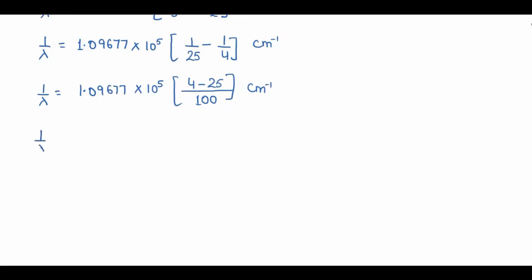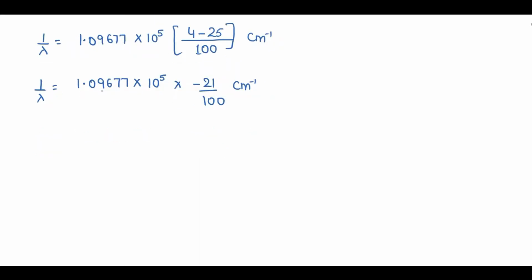So 1 by lambda equal to 1.09677 into 10 raised to power 5, into (4 minus 25, it is minus 21) divided by 100 centimeter inverse, right? 1.09677 into minus 21, the answer will be 23.0317 into 10 raised to power 5.